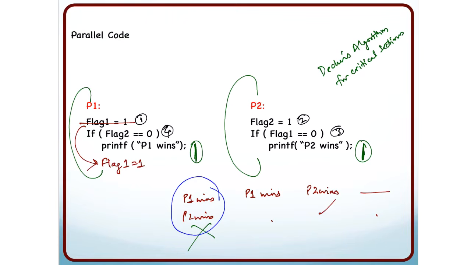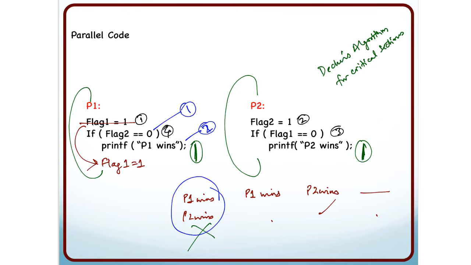How can that happen? First, this instruction gets executed, right? If flag 2 equal to 0, it's 0. So it's going to enter and print P1 wins, right?